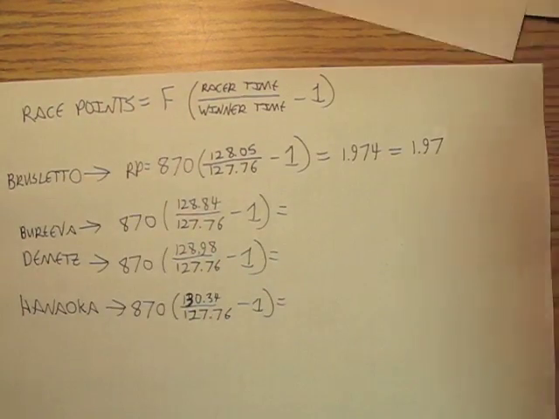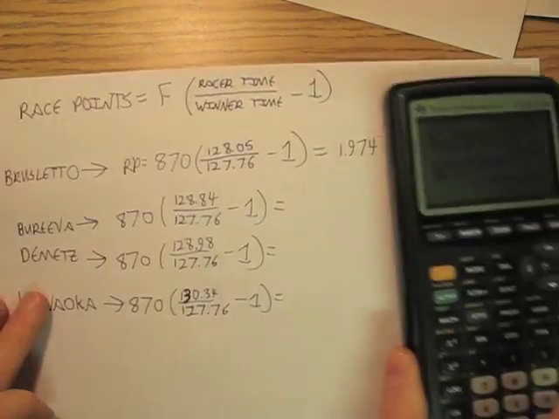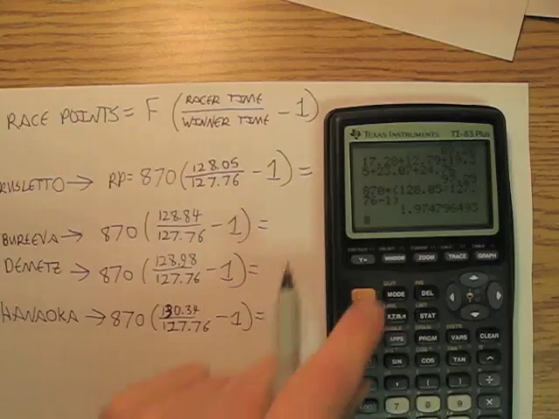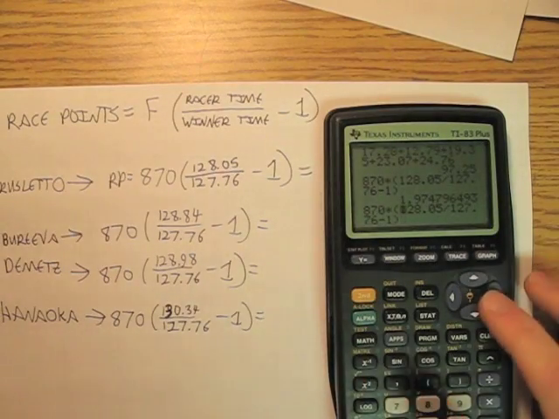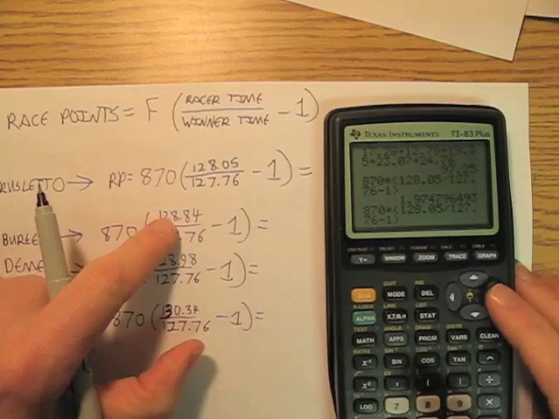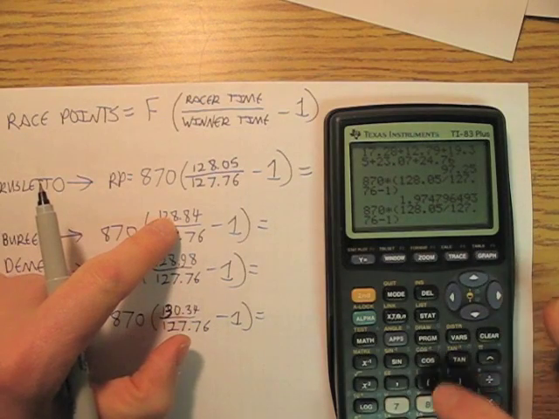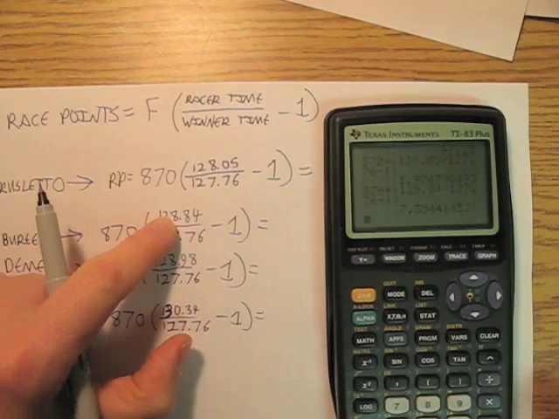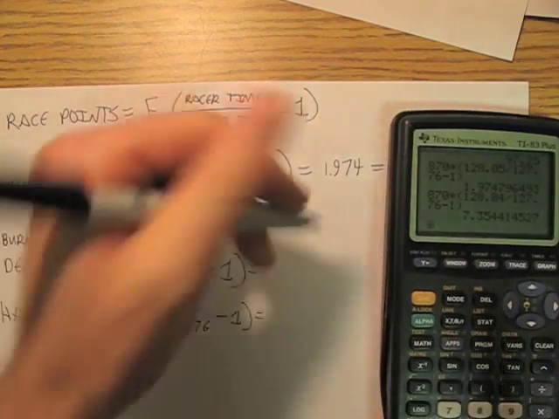Okay, now my calculator allows me to do this really quick. I can pull up my previous, change 128.05 to 128.84, and I've got 7.354.